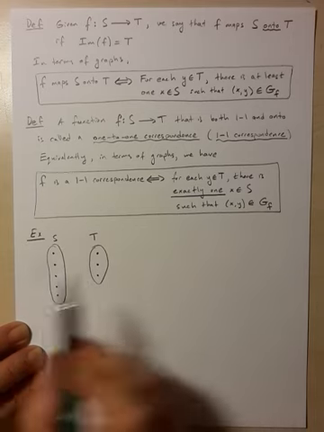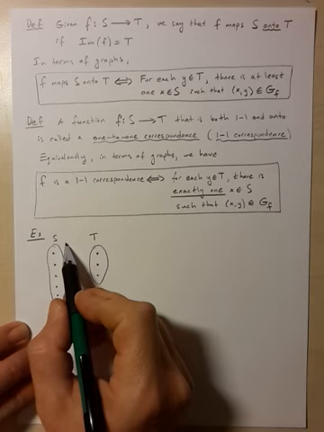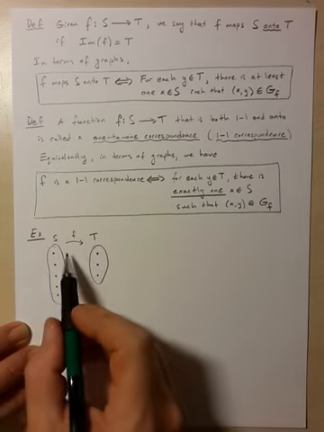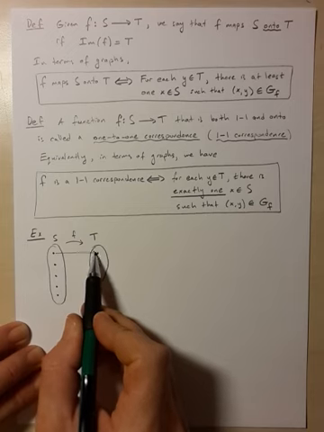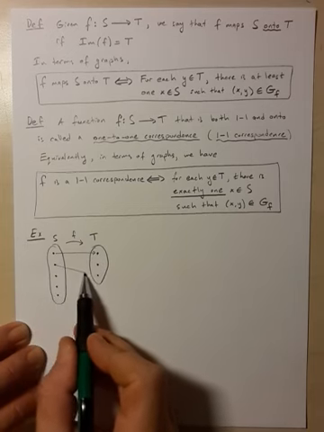Look at the following arrows. The arrow indicates a map f from S to T, and this map f sends, for instance, this element to that element, this element to, for instance, this element.